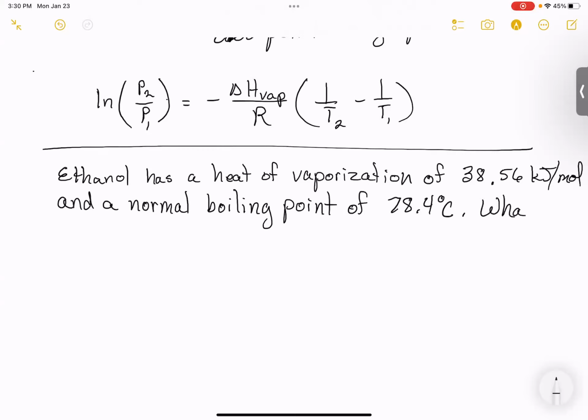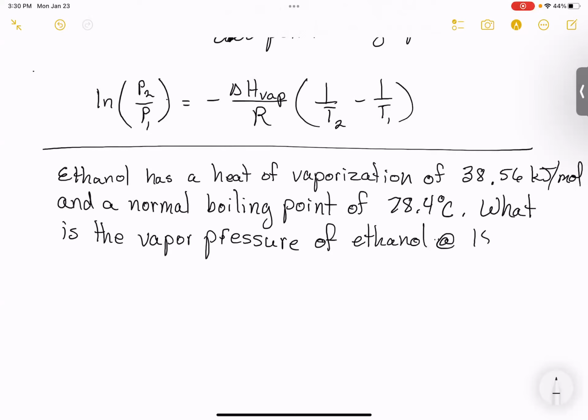What is the vapor pressure of ethanol at 15 degrees Celsius? Going to give a moment for everybody to get this written down.